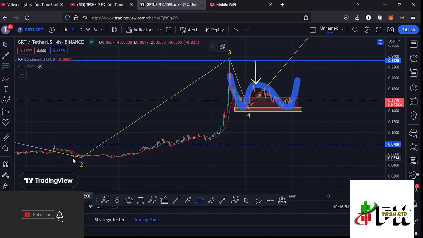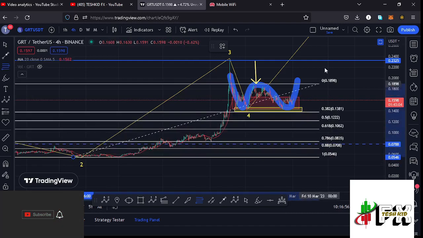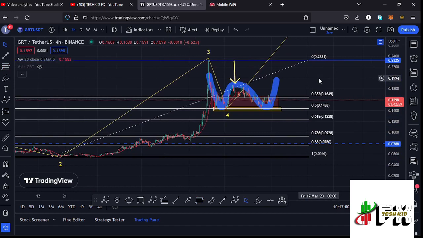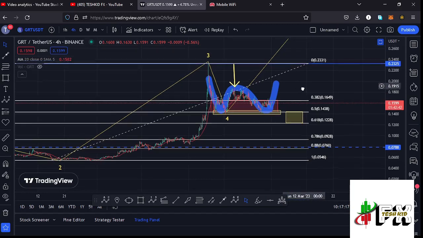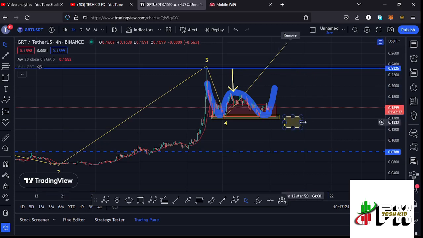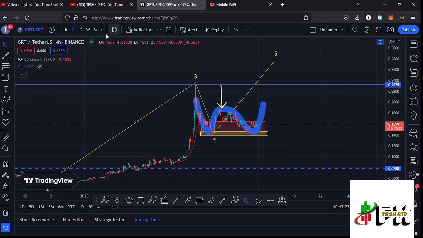Connecting the Fibonaccis from the low of the second wave to the high of that wave 3, that gives me the new target area in case the breakdown continues between the fib level 0.5 and the fib level 0.618, which is an area that lies between the $0.1438 mark and the $0.1228 mark, and that is the minimum that I can expect GRT to continue holding in case the breakdown continues in the formation of that wave 4, before we can continue pushing higher in the formation of that wave 5.